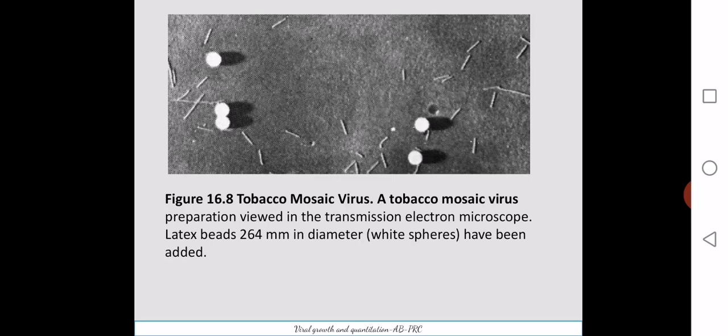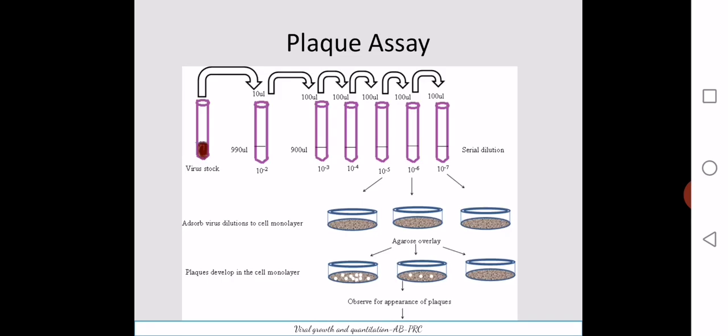This is a microscopic visualization of a tobacco mosaic virus. So by direct microscopy you can observe. Usually we use electron microscopes for the observation of viruses, since light microscopy cannot differentiate them. Then the plaque assay, already discussed, I am not going to discuss again.